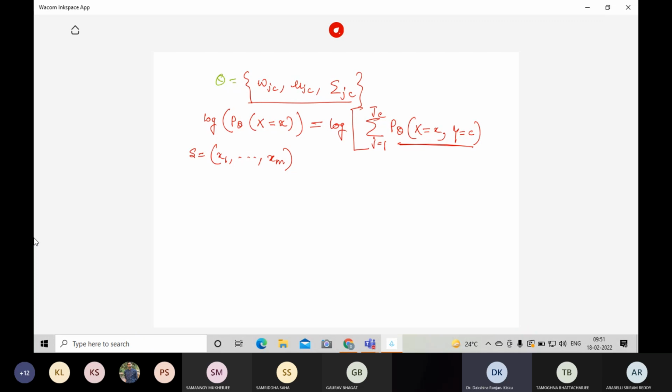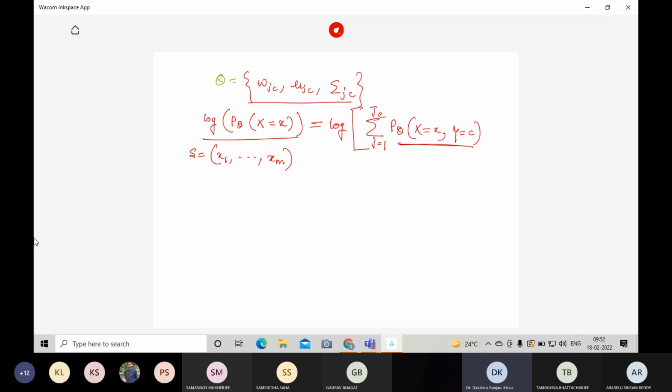So here the log likelihood that we have estimated from this derivation is log of summation over j equals to 1 to jc, where this summation is over the joint distribution p theta of X equals to x, comma, Y equals to c. Again we are considering an independent and identically distributed sample S given by x1, x2 up to xm.